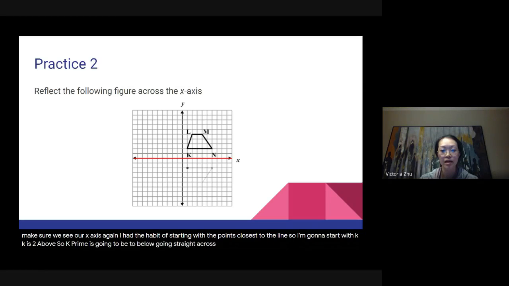Going straight across is N, and N prime is going to be 2 below as well. M is 4 above, and so I have to go straight across 4 below. Lastly, there's L, and I finished the figure, and we're going to plot, label our points, K prime, N prime, M prime, and L prime.